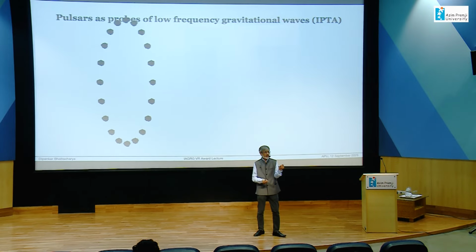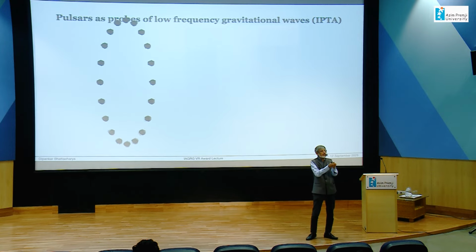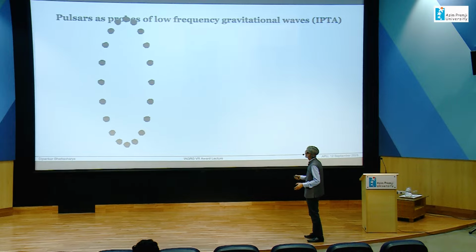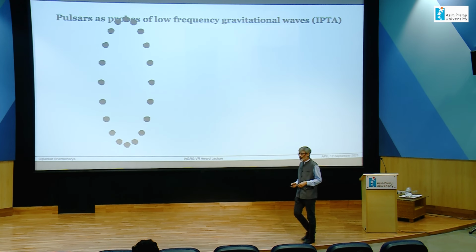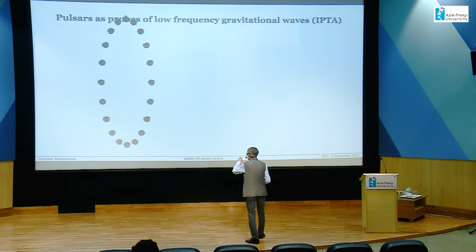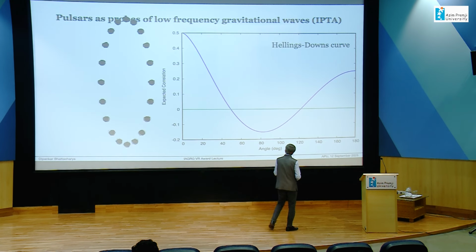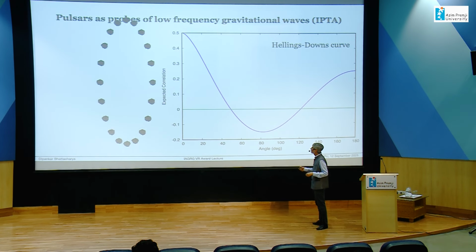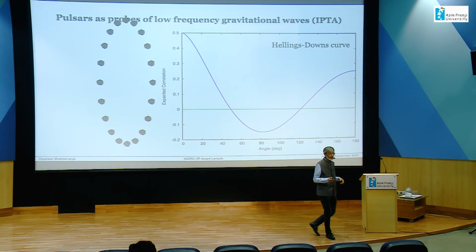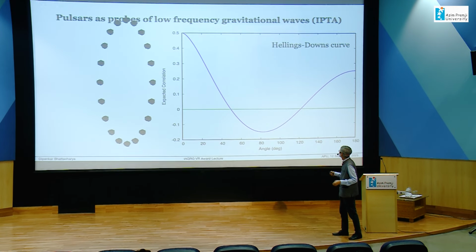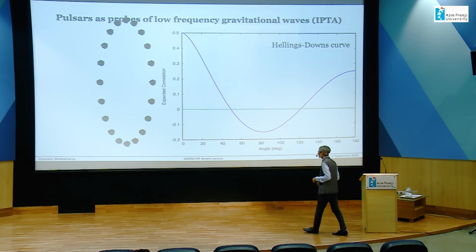If they are nearby each other, their motion is going to be correlated in the same direction. If they are sort of 90 degrees away from each other, the motion is going to be exactly antiphase. If one is coming closer, other is going to go further away, right? So from a collection of objects, if you now look at the correlation versus angular separation, you expect a relationship like this. And this is called Hellings-Downs curve.